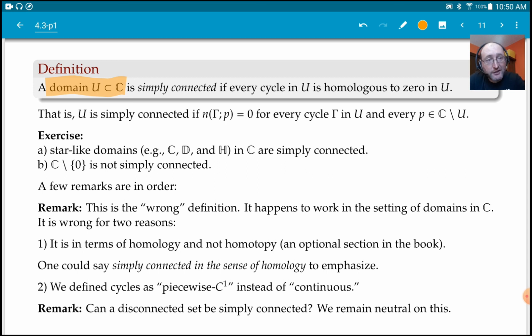Now, the last bit about this definition: can a disconnected set be simply connected? I want to claim ignorance on this, because I've even asked topologists and they're not quite clear on this.